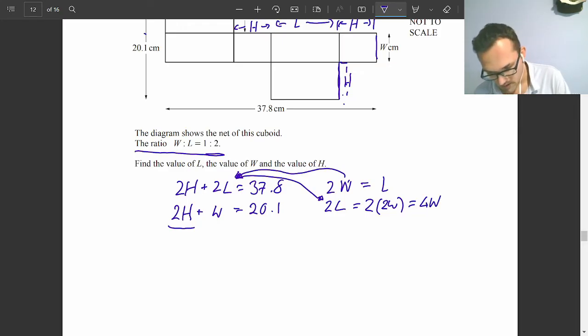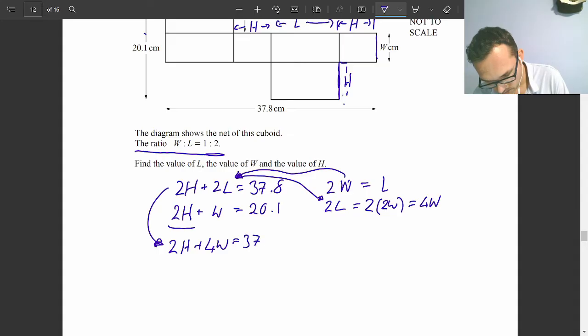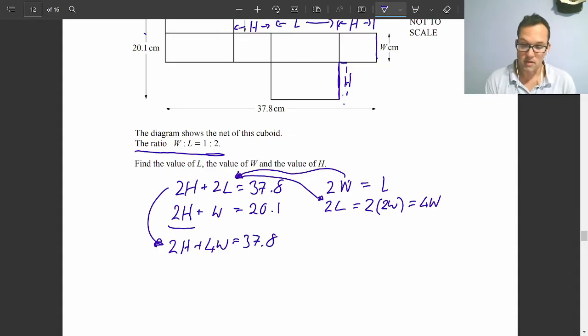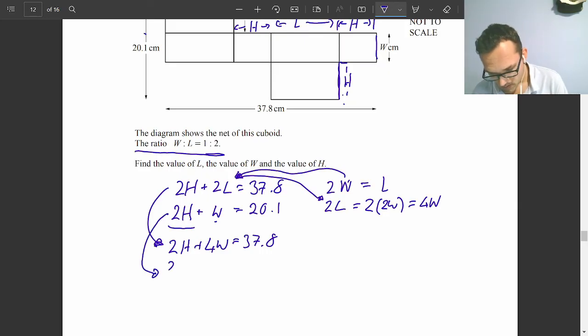So let's write that again. We've got 2H plus 4W equals 37.8. We could, of course, change this W here for half an L. That would also work. I'm just going to write the second equation again, so we've got them nicely lined up.